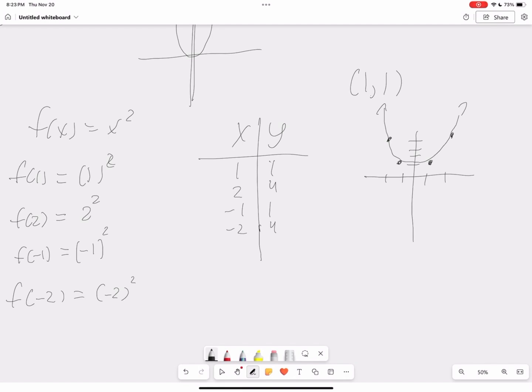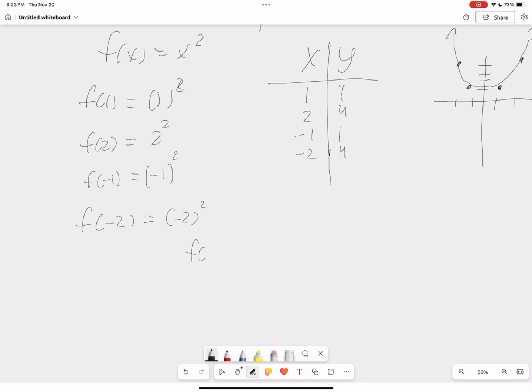This is the parent function, but we can add transformations to this. Usually, you don't have something like this all the time. You have transformations, and they aren't tricky at all. Like if I gave you something like f of x equals x squared plus 4, you'd recognize that this is a vertical shift.